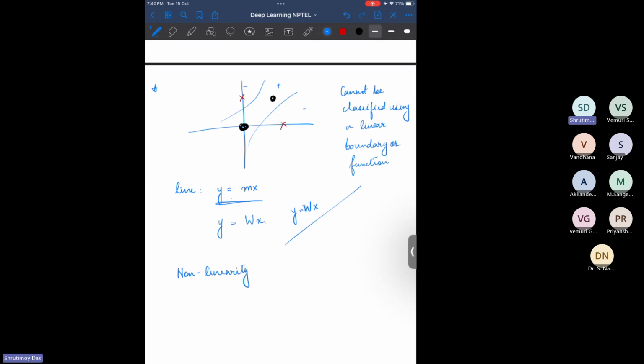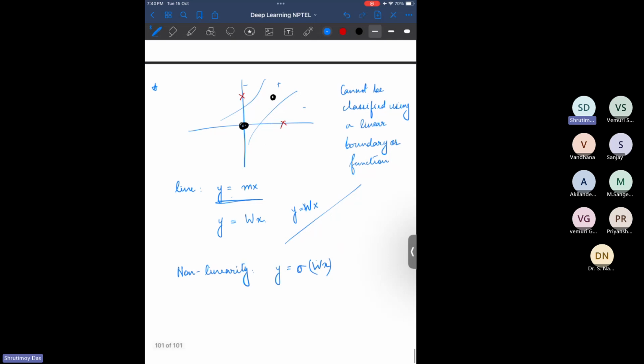If you remember how we applied non-linearity, given some input x, we multiplied it with some weight w, and then we applied sigmoid or ReLU or tanh or any such thing to wx. So now we say that this is a non-linear function.